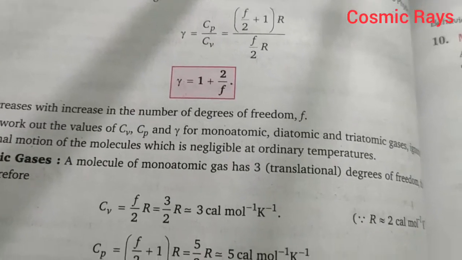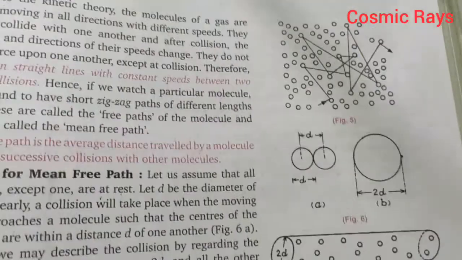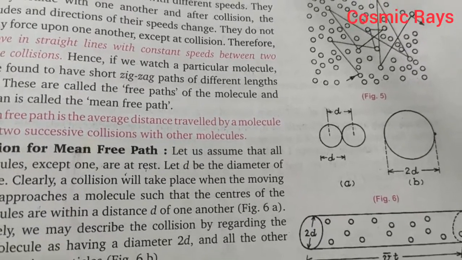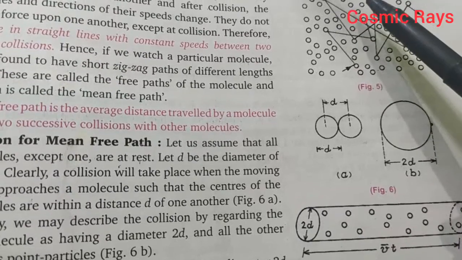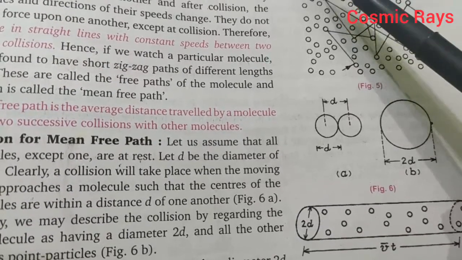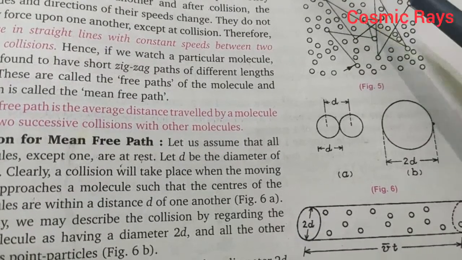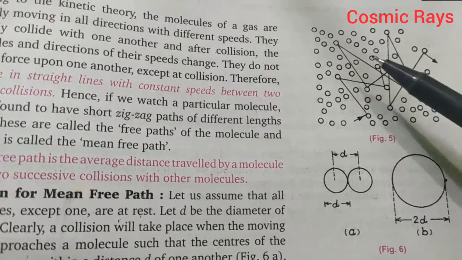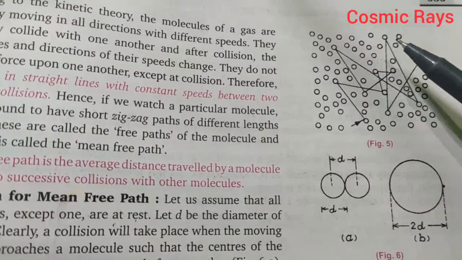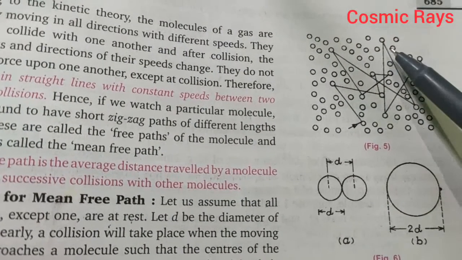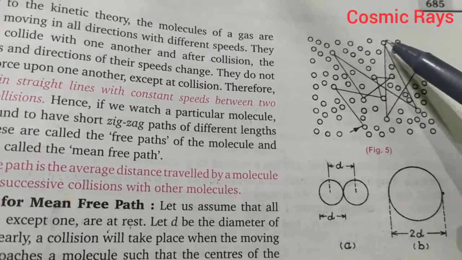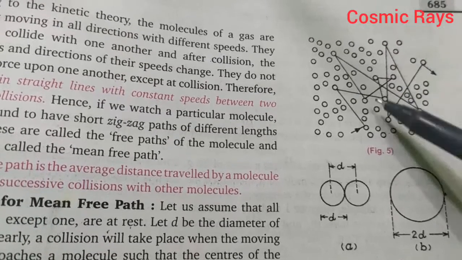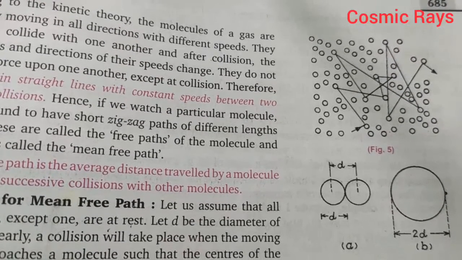Now we know that the kinetic theory of gas tells us that all these molecules of the gas are moving in all the directions with different speeds, and when they are moving, they are frequently colliding with one another, and after every collision their direction and magnitude of speed will change.